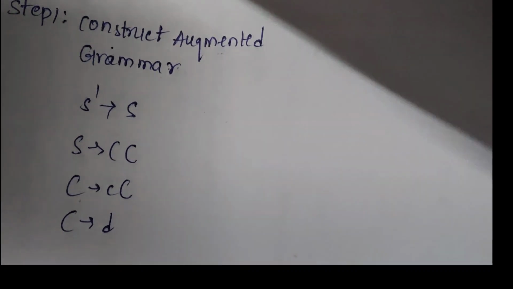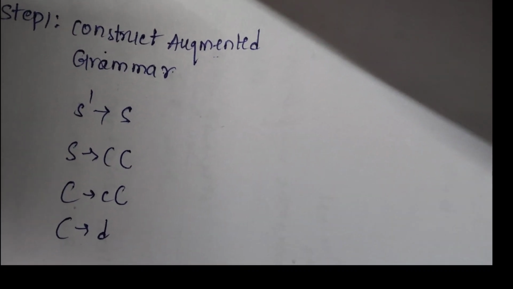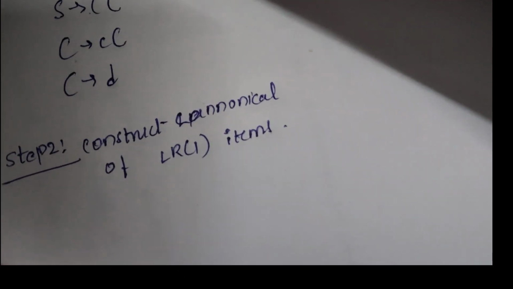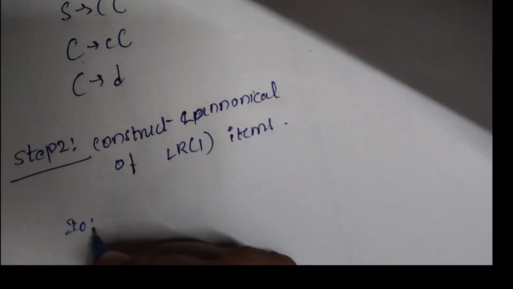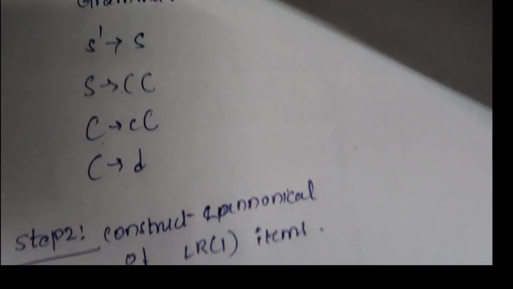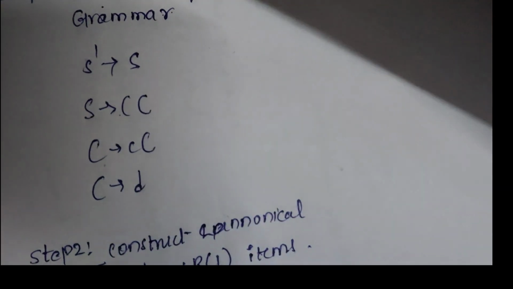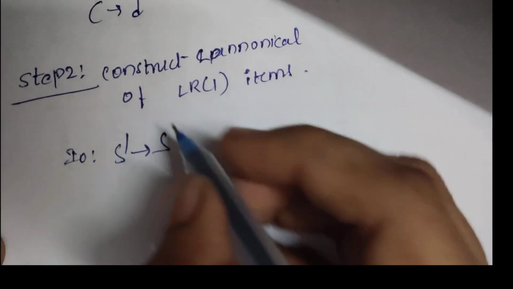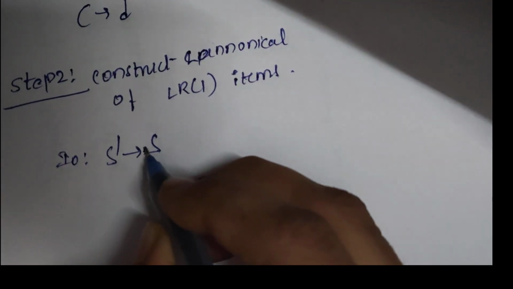Next is the construction of the canonical collection of LR(1) items. For this, first you take I naught and then take the first production. What is the first production? S dash produces S. So keep the dot before it.